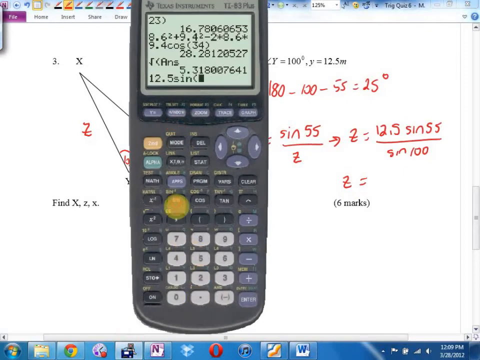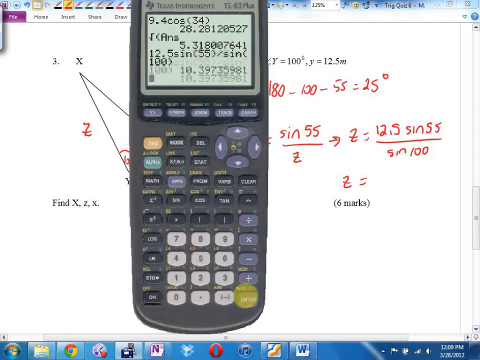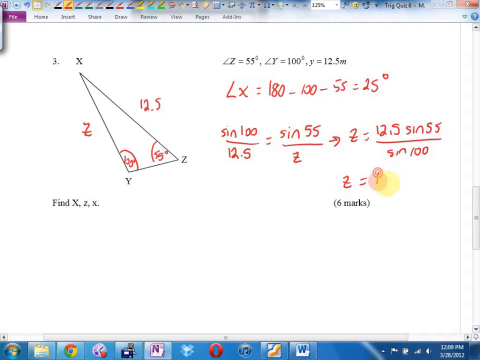You get 10.4? Yeah. 1 mark for the cross multiply equation, 1 mark for the answer.